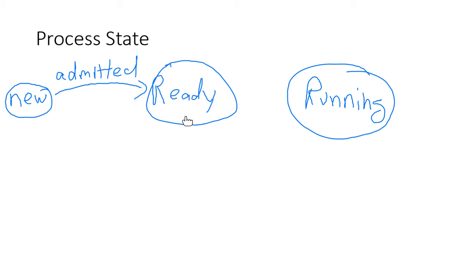Depending on how many processors you have, and if those processors have multiple cores, the number of processes that can be in the running state depends on that hardware.